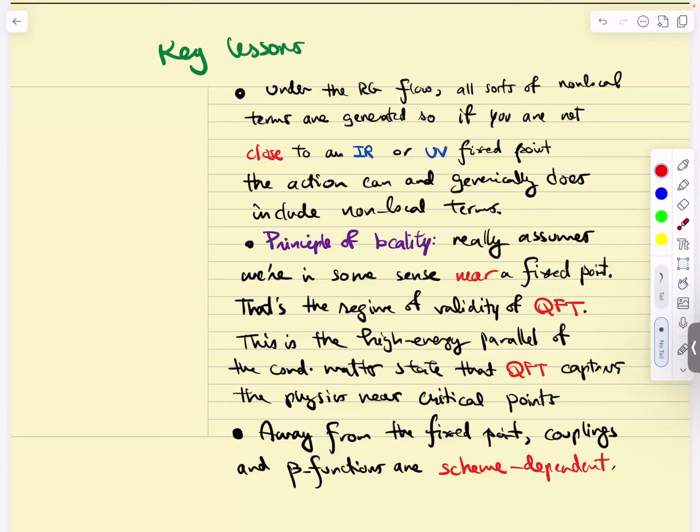Yeah, so we just do higher order perturbation and it will cause the non-locality. So why would we consider the principle of locality as basic? Because all we can really do at this level of this course is perturbative quantum field theory.